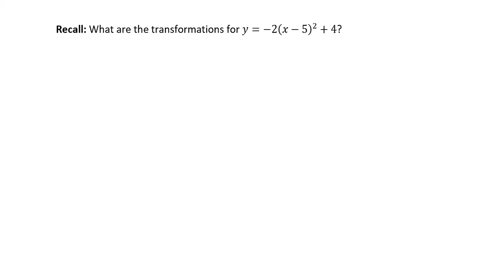Let's think back about our functions. What are the transformations for y equals negative 2 times x minus 5 quantity squared plus 4? Remember, the parent graph here is y equals x squared. The transformations that have happened is we have had a shift right of 5 units.